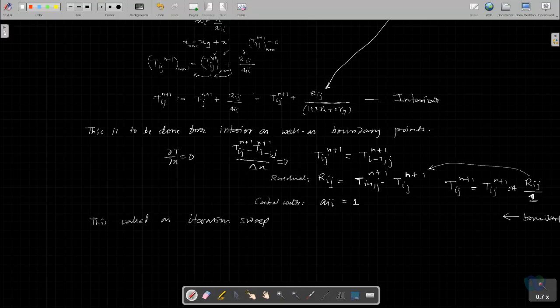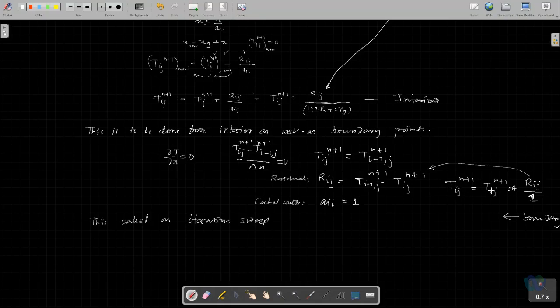Similarly, there will be other boundaries. So you will have to find out for other boundaries what are my Tij. And when you write this Tij, at that moment you know what is i and j, isn't it? So you will be writing, if it is a left boundary, then right boundary. Accordingly, Tij values will appear there. If it is a left boundary and j is varying, then it will be T1j.